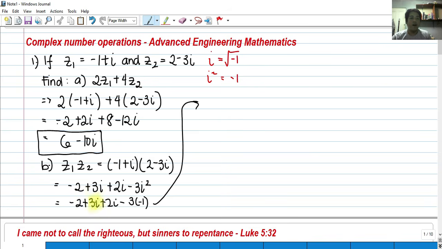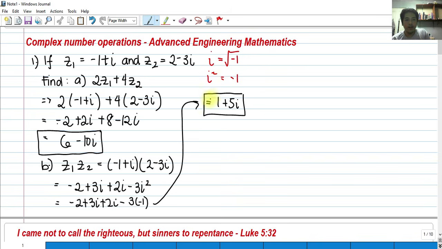Continuing our solution, we have -2, and then we can simplify this as positive 3 because -3 times -1 becomes positive 3. So 3 minus 2 would be 1. Then we can add these two, and we have plus 5i. So that's how simple it is on operations of complex numbers.